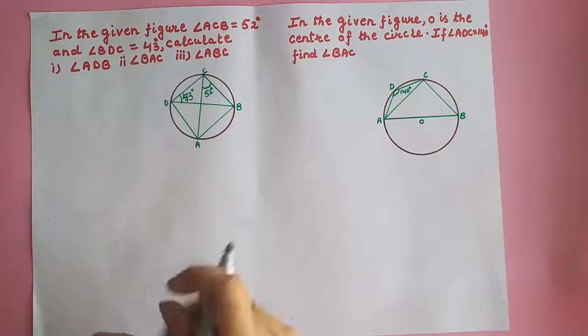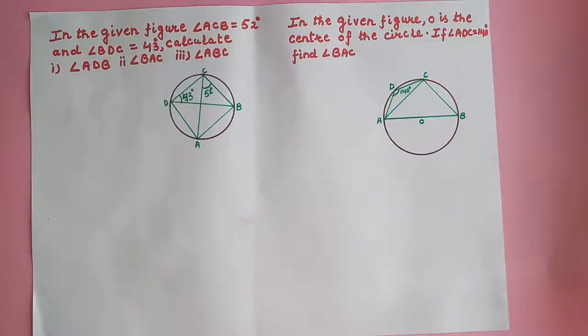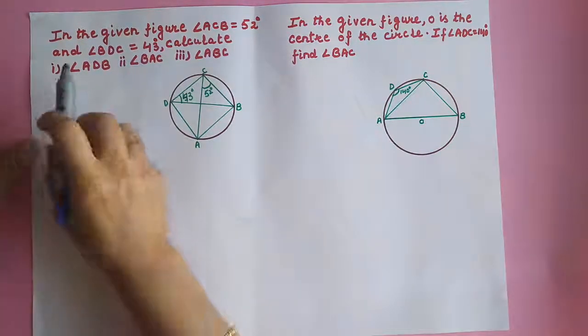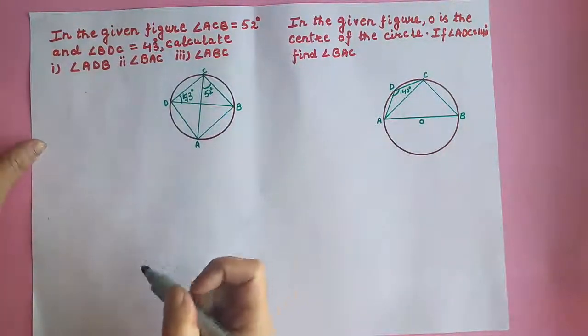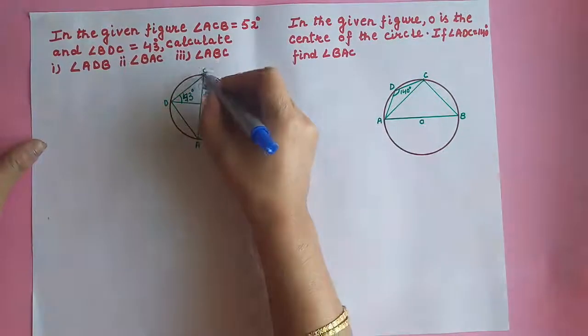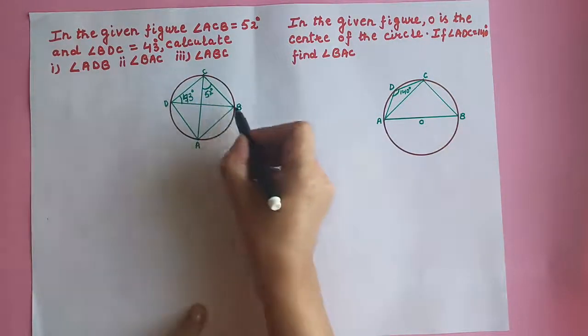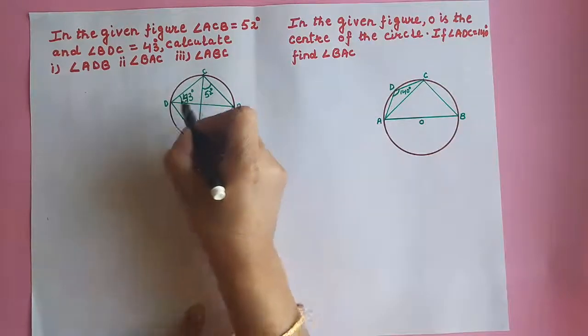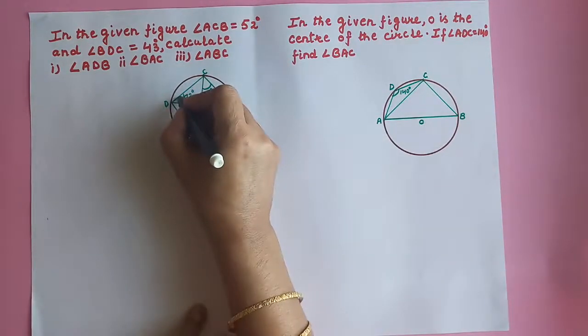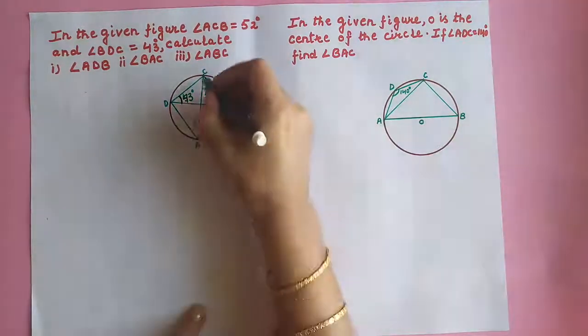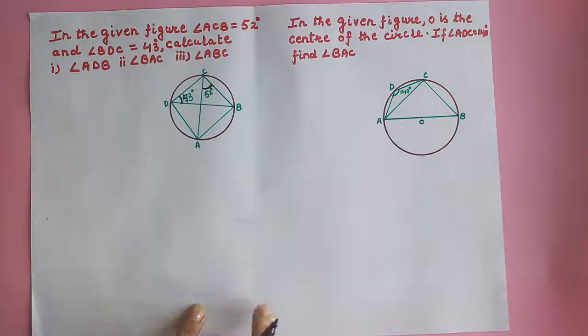In this video, we will continue with the angle properties of the circles. Now, the question is saying, in the given figure, angle ACB, that means this angle, is 52 degrees and angle BCD is 43 degrees. BDC, that means this angle, is 43 degrees and this angle is 52 degrees.